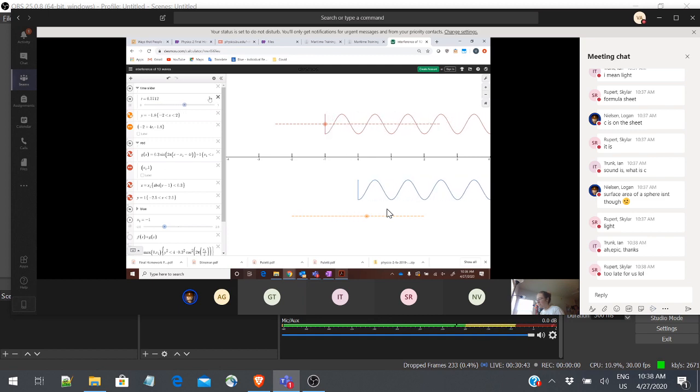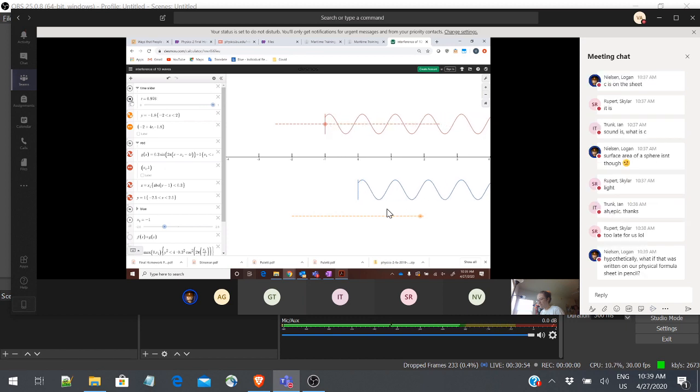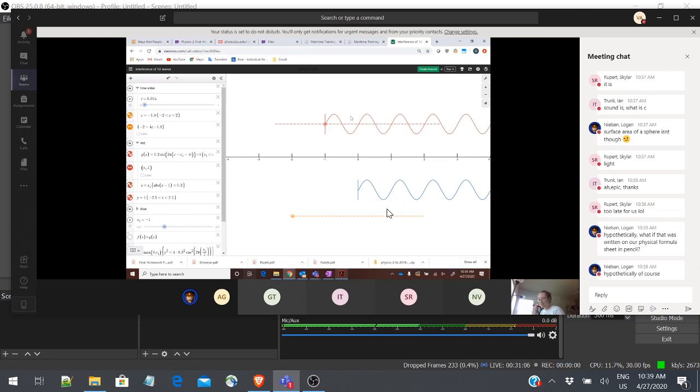Right now at this point, there's a crest. Then I move it on for a bit, and now at that same point, there's a crest. How far has the previous crest moved during that time? It will move this distance, which is lambda.